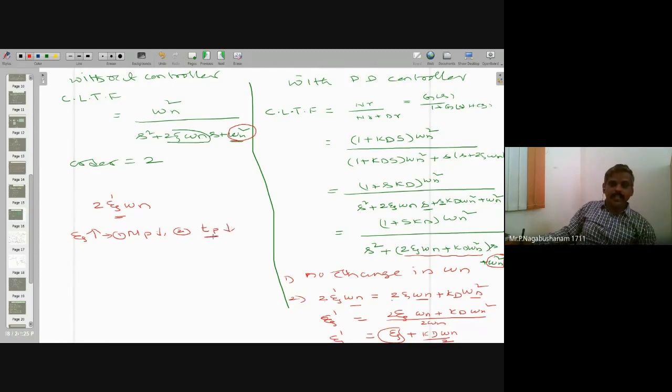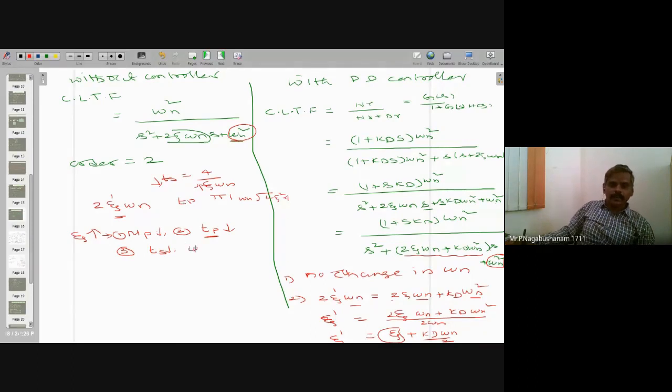I gave the derivation and explanation in the last class also. Third one, the settling time is also decreasing, because I gave the formula Ts equal to 4 by zeta omega n. If zeta increases, settling time decreases. And Tp is pi by omega n into square root of 1 minus zeta square.